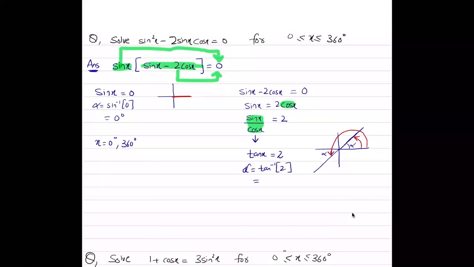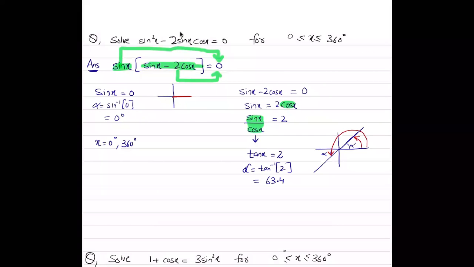It should be an acute angle. I'm getting 63.4 degrees.